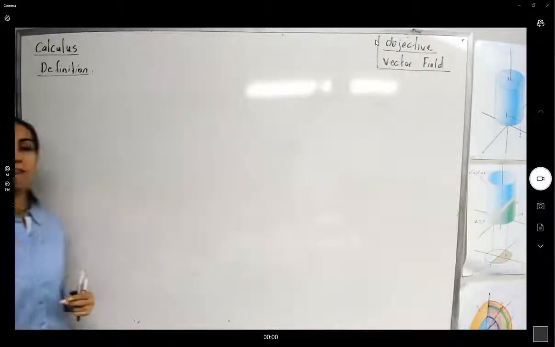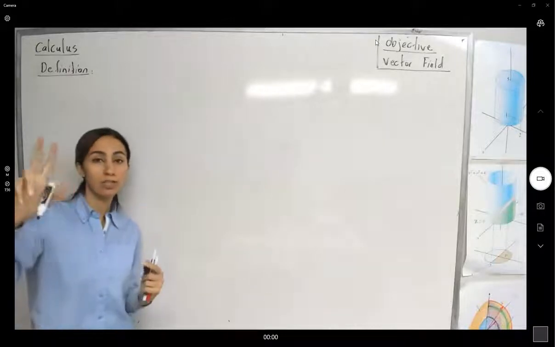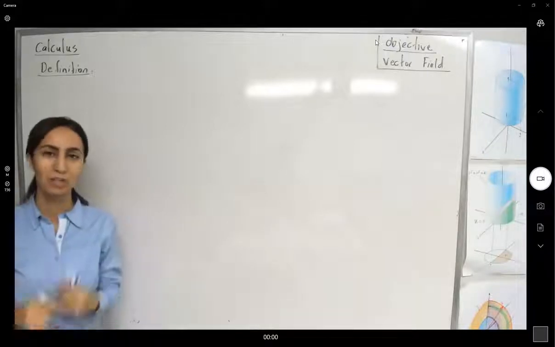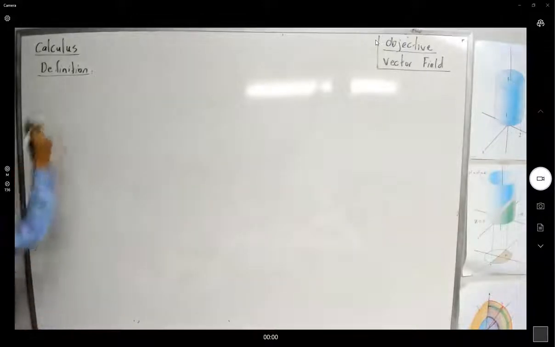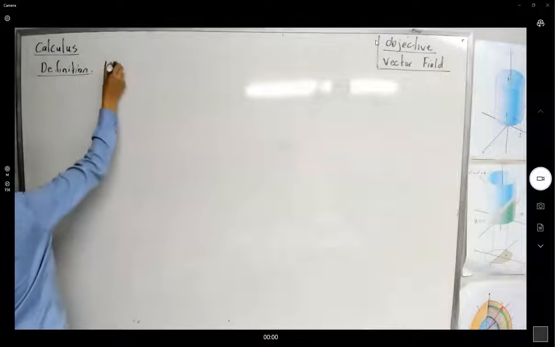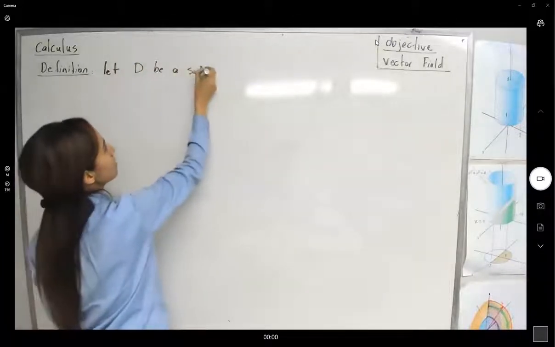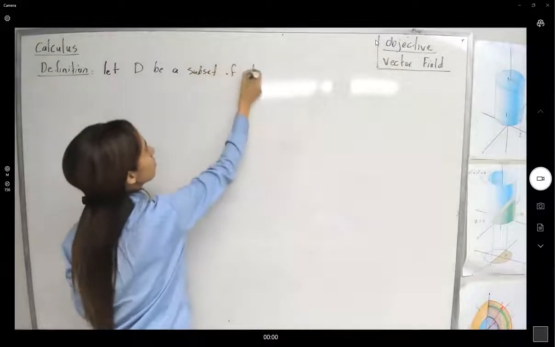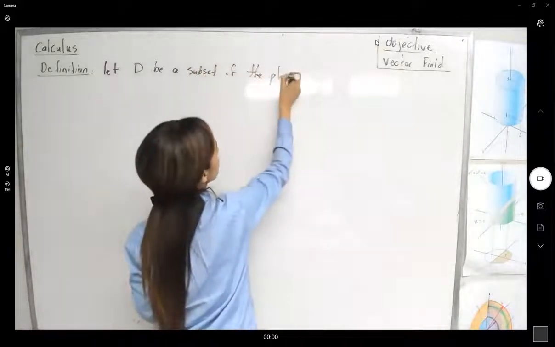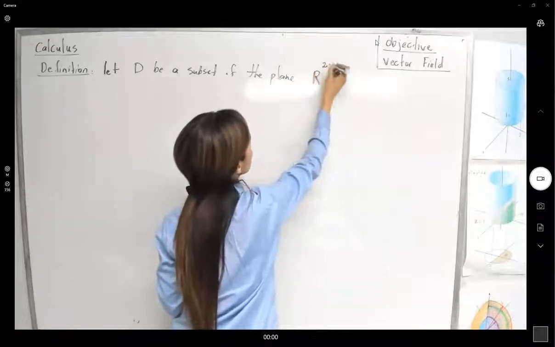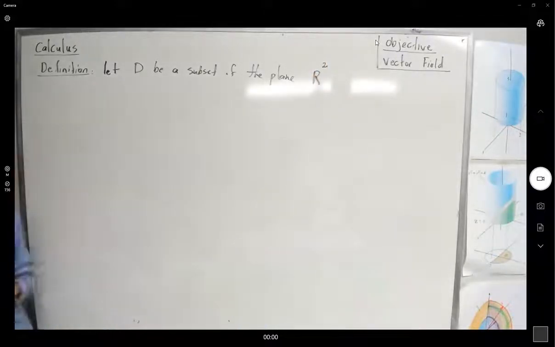We can define a vector field in two-dimensional space, and you can define a vector field in three-dimensional space. So suppose we have a domain. Let D be a subset of the plane. Remember, how do we define the plane? The plane is R Cartesian product with R, or R to the second power.